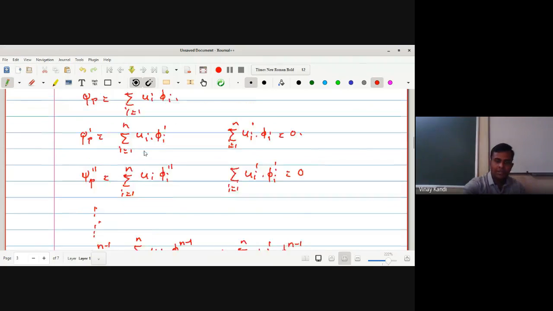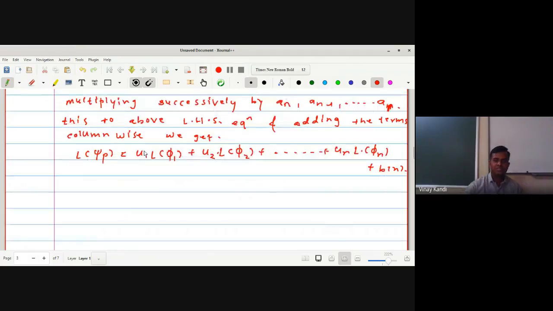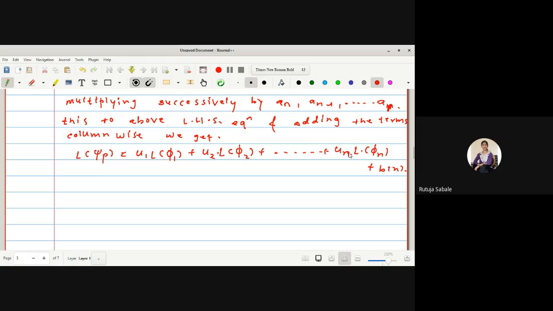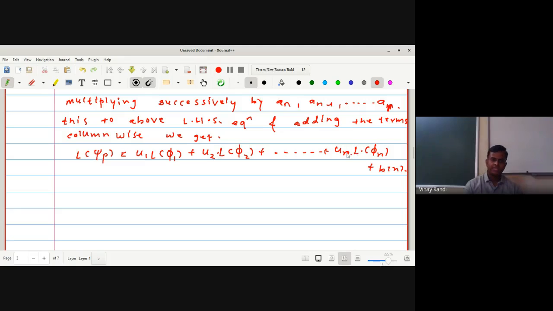At the end, we get this equation: L of psi is equal to u1 into L of phi 1 plus u2 into L of phi 2. OK, try doing this. Any doubt up to here? No, sir. Try this, you will understand it immediately.